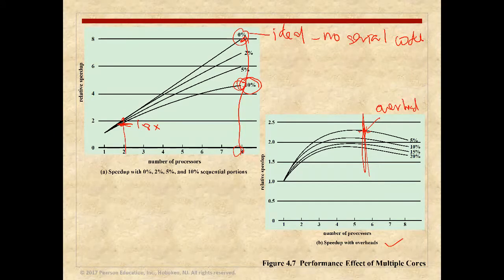The more processors, the more overhead it will introduce. In this example, the performance is quite okay up until 4 processors, but after 4 or 5 processors the relative speed up degrades due to the overhead.